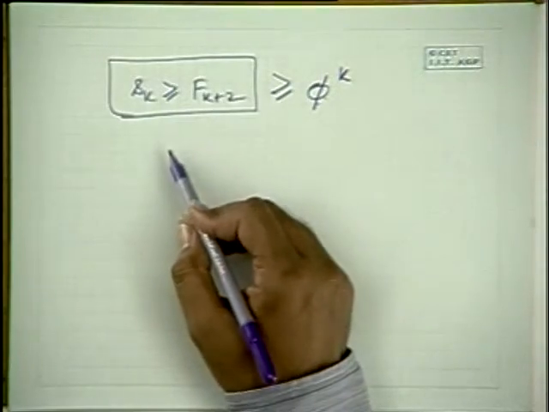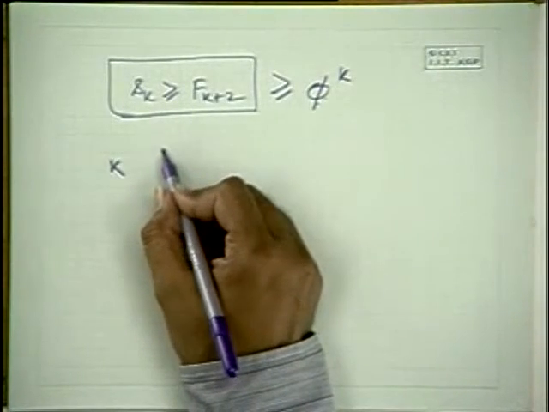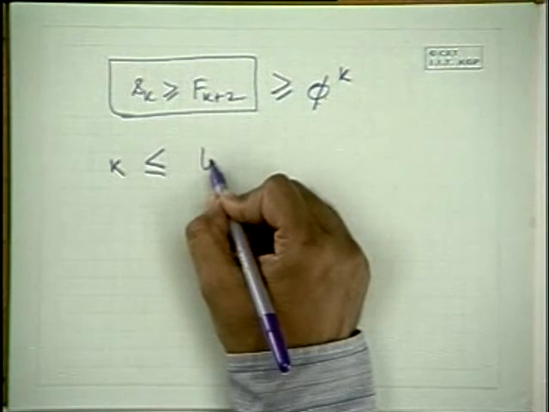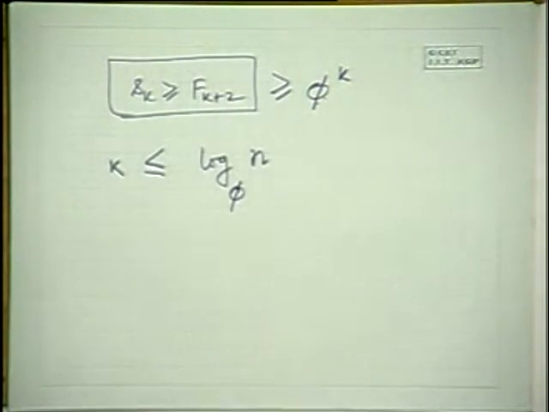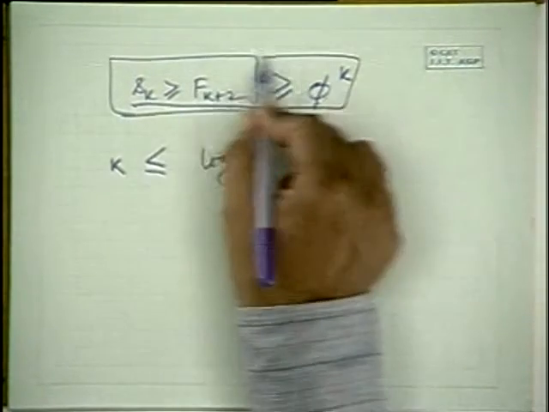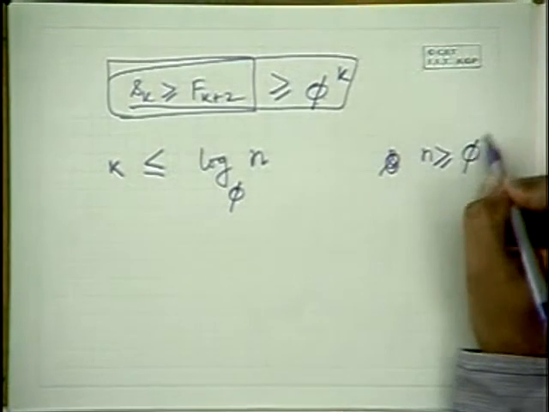Degree cannot be more than log of phi to the power k, which is k. So basically what do we mean? Degree k has to be less than or equal to log of total number of nodes n, with base phi. Because you have this: Sk, your n, is greater than or equal to phi to the power k.